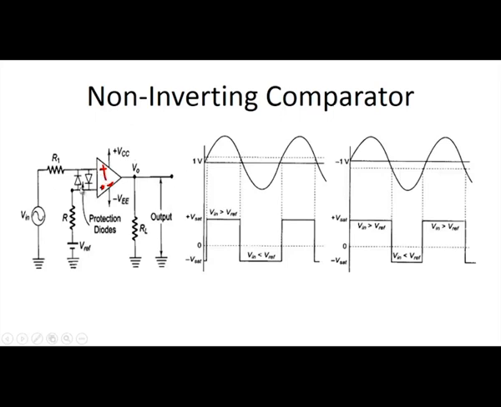Here these two diodes are connected in reverse. They are called clamping diodes, or you can say protection diodes.